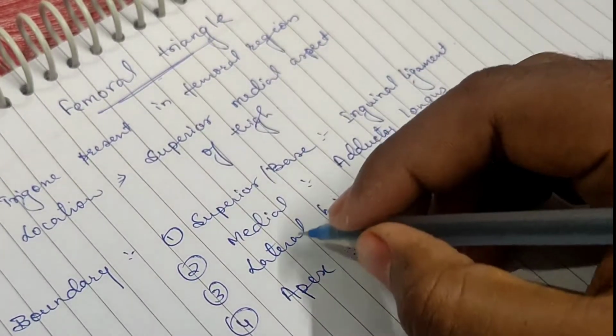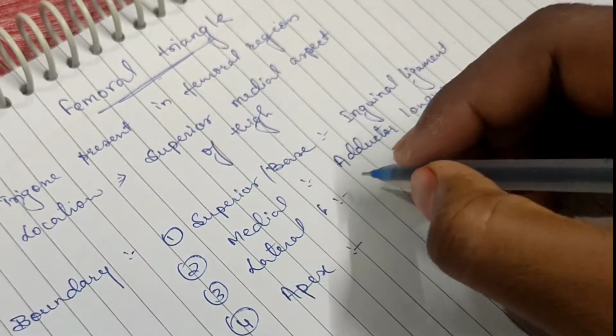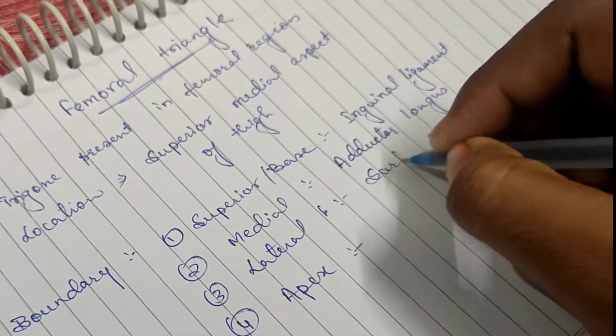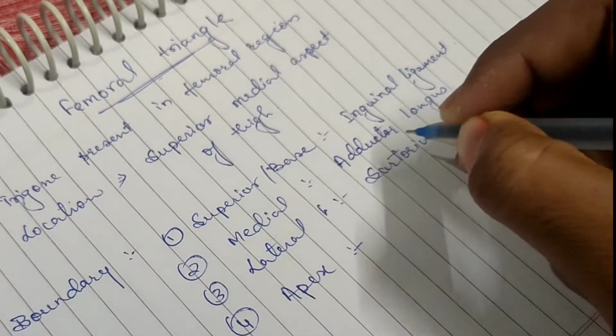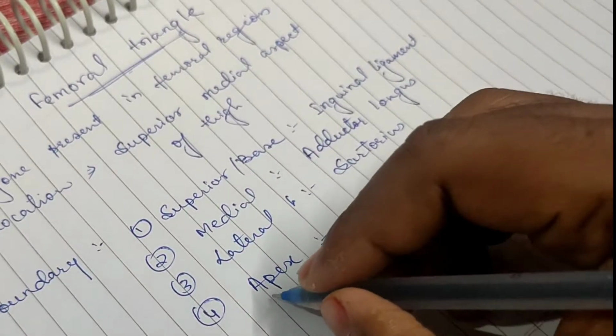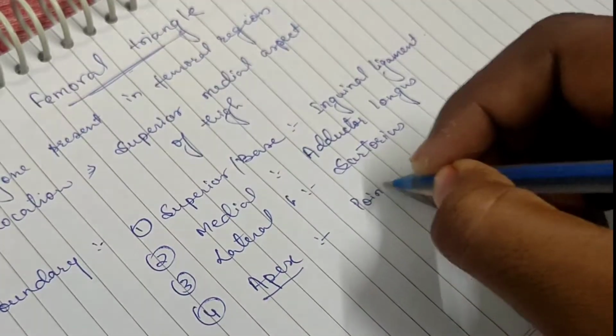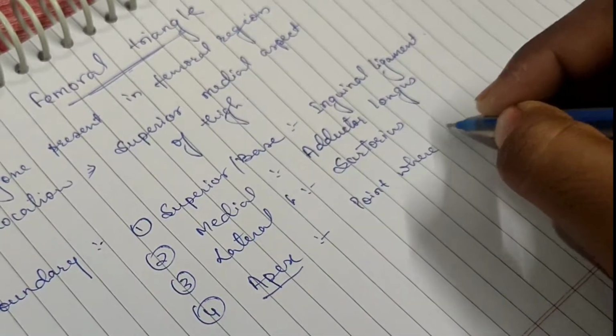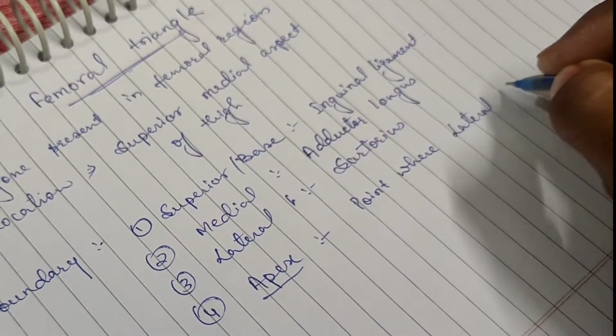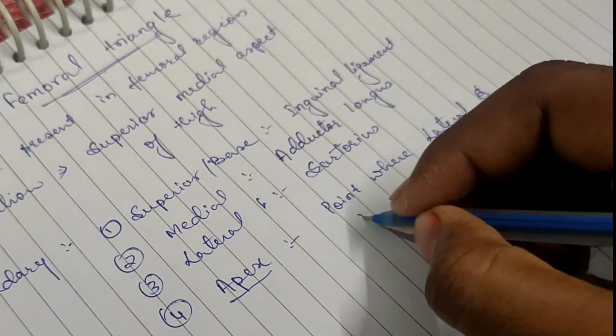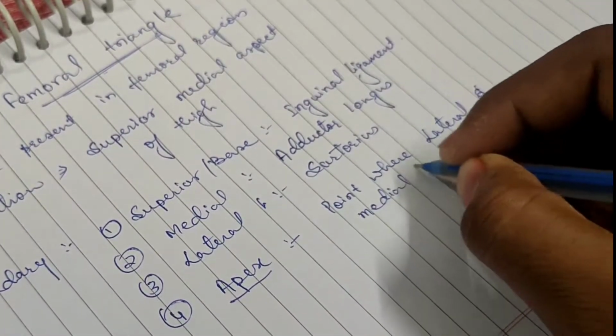Okay, and the lateral boundary is formed by the sartorius muscle. And I have already told you about the apex. Apex is a point where the lateral and medial boundaries meet.